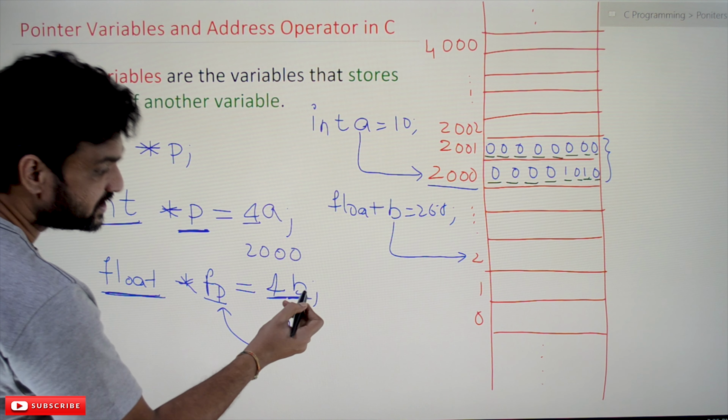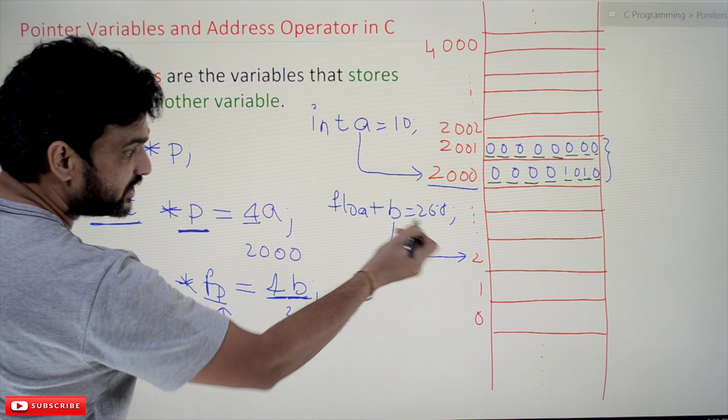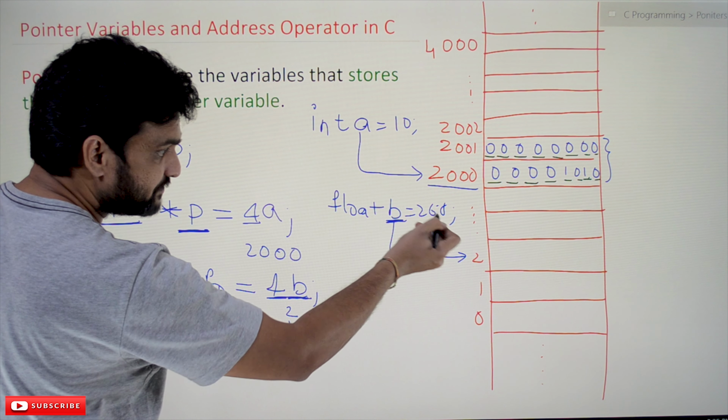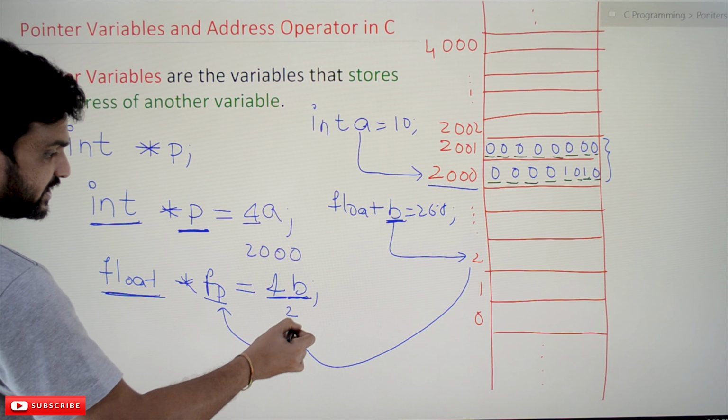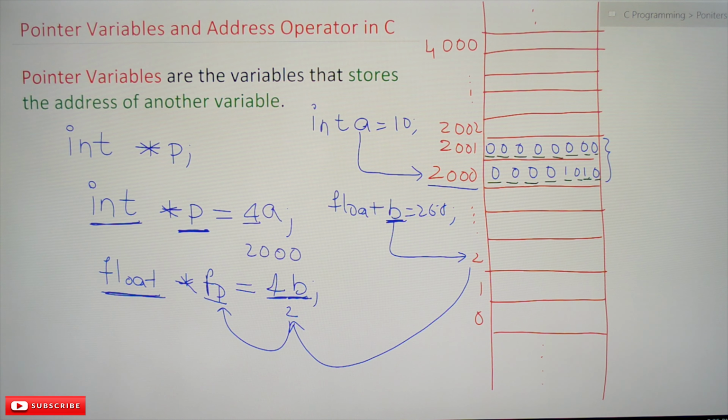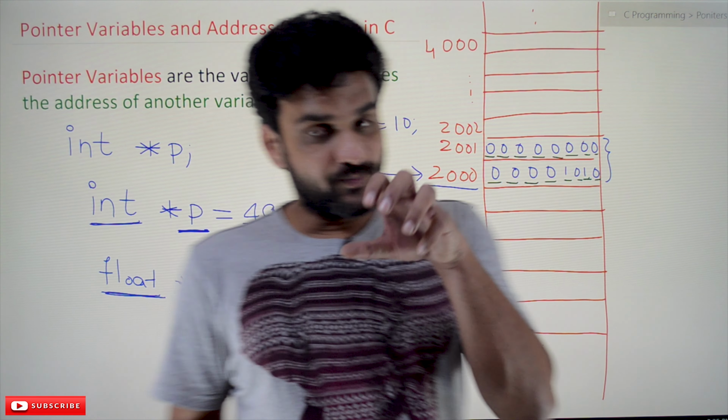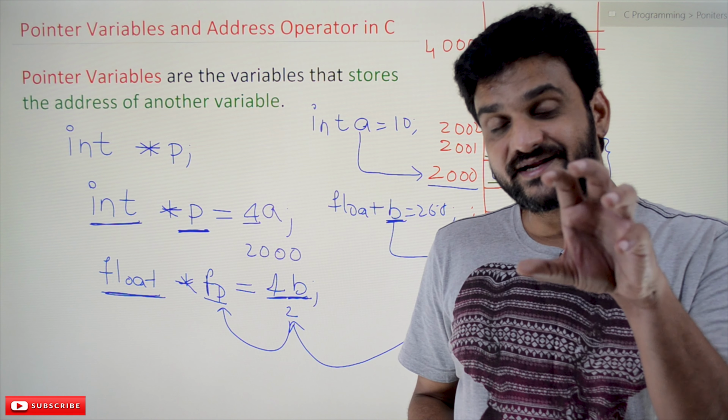Ampersand b means the address of the floating point number, and that address will get stored in fp. So this is what we call a pointer variable and address operator.